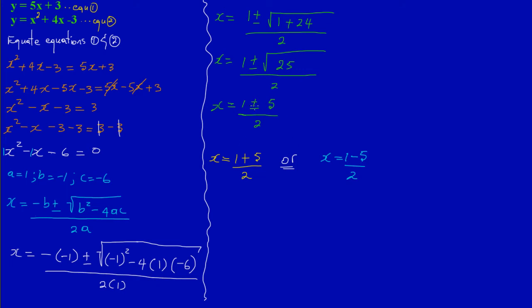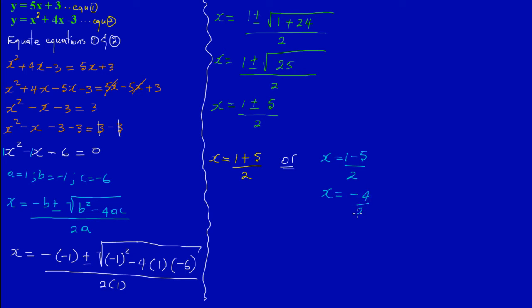So what I did here was to just split the plus or minus sign. Here I said 1 plus 5 all over 2, and over here I said 1 minus 5 all over 2.